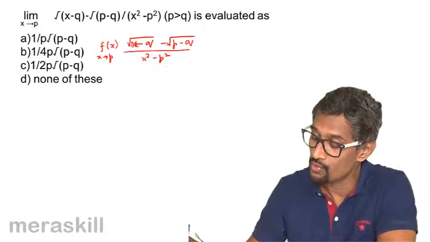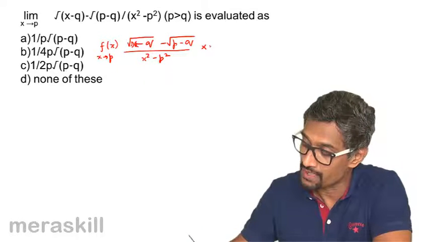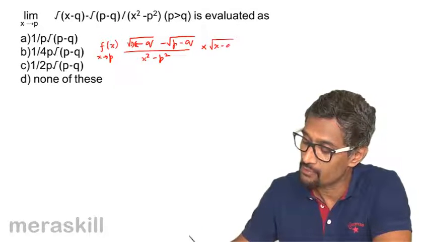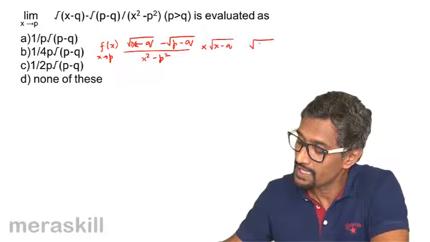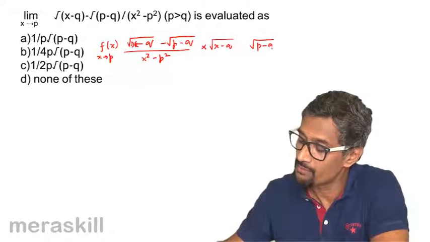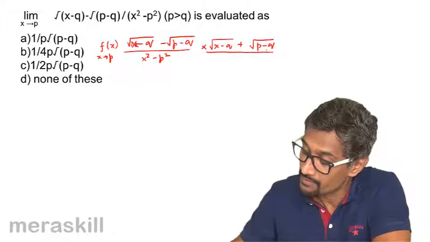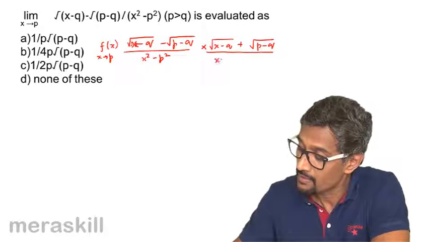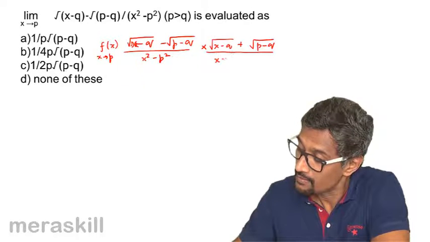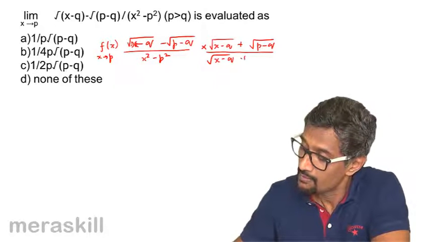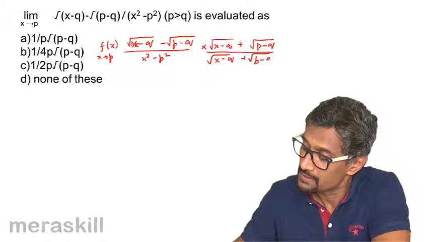Again, here if we substitute x as p, the denominator becomes 0 and the expression becomes indeterminate for this value. So what do we do? We multiply by the conjugate, which is nothing but the same two things, root x minus q and root p minus q, and it will be plus in between. Plus root p minus q.